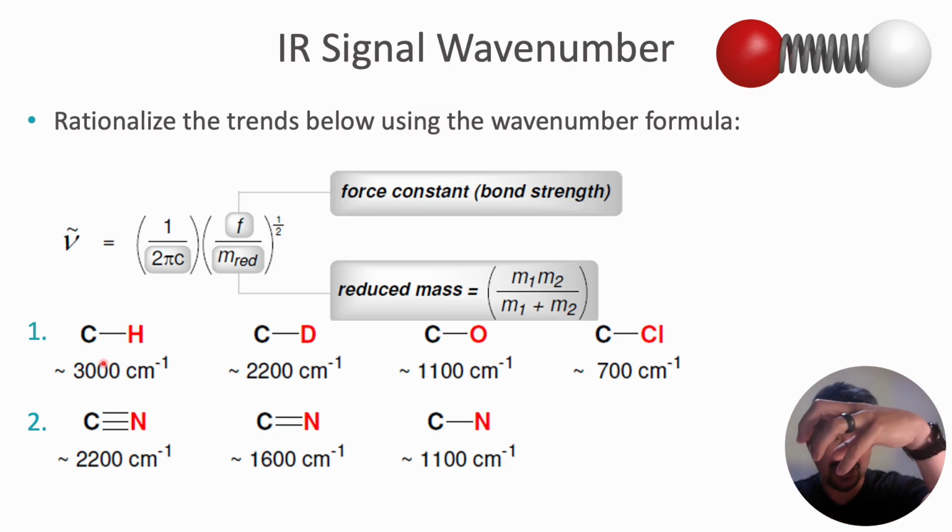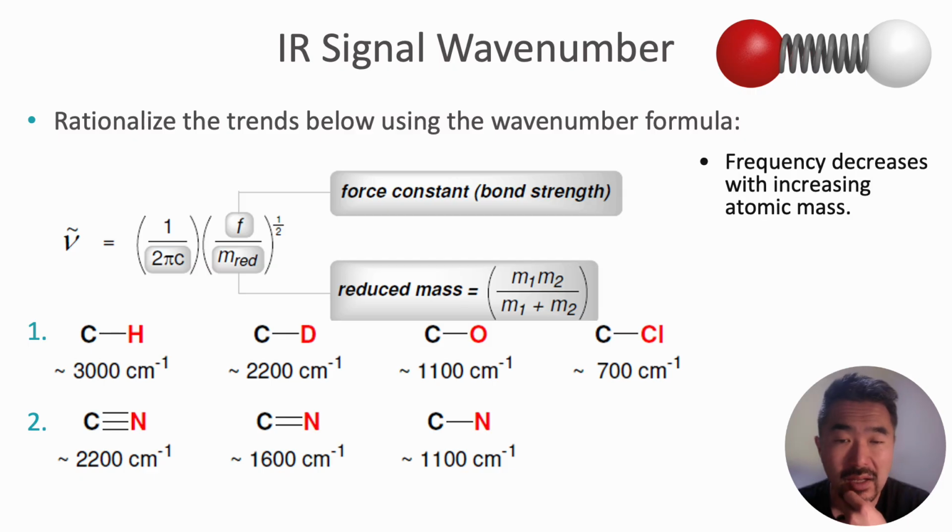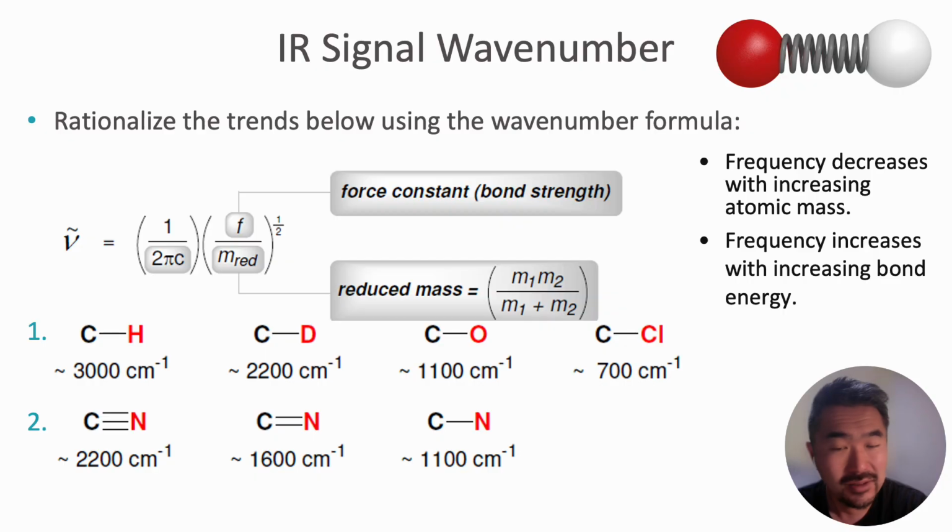If you attach something really heavy, the spring would vibrate at a much lower frequency, and that's kind of what we're showing here, the different masses of the atoms. So frequency decreases with increasing atomic mass.